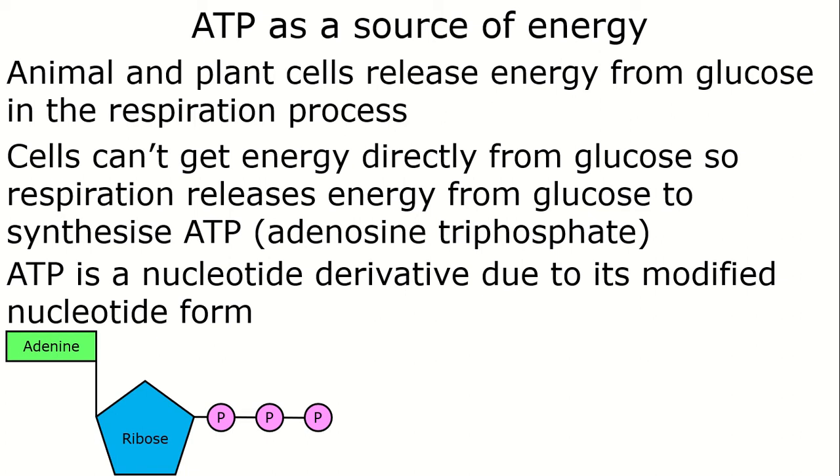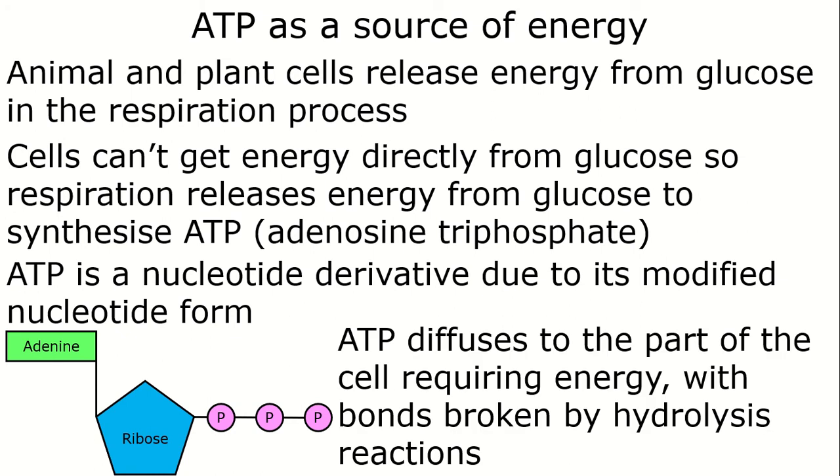And we know also that in nucleotides, we will have a phosphate group. Now, this is where the modified nucleotide form comes in because ATP has 3 phosphate groups. So when a cell requires energy, ATP will diffuse to that part of the cell, and then the bonds between these phosphates will be broken by a hydrolysis reaction, and that is where the energy is released.